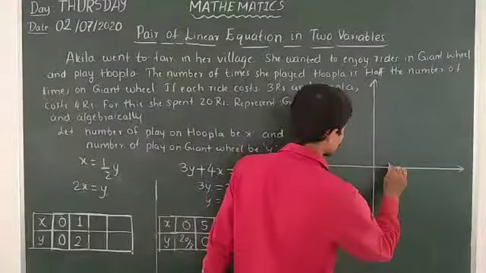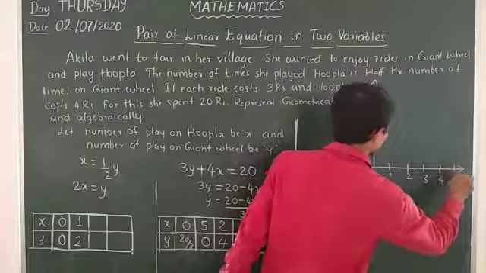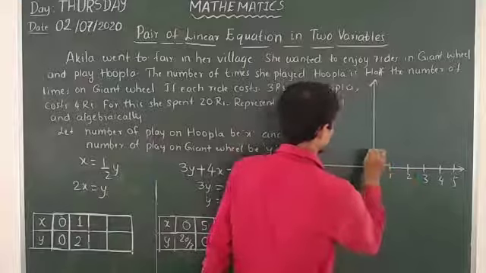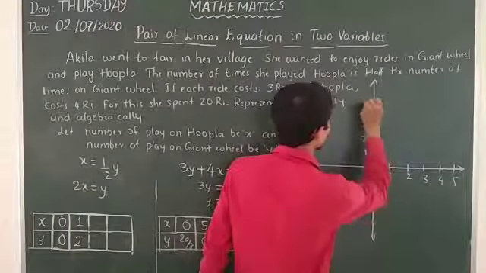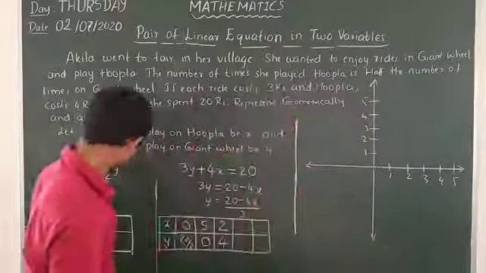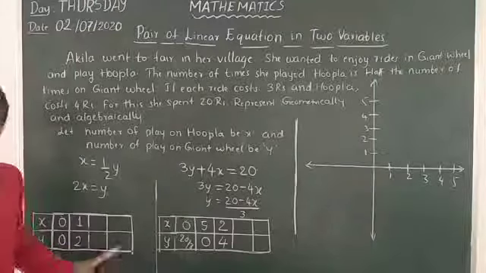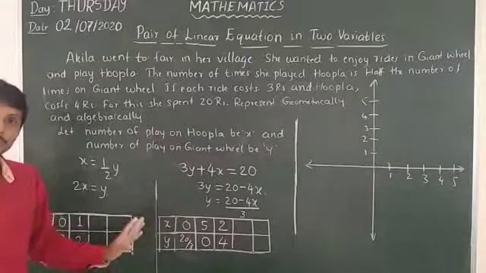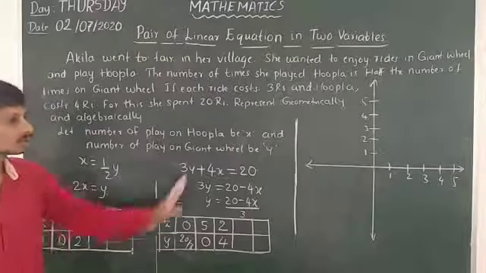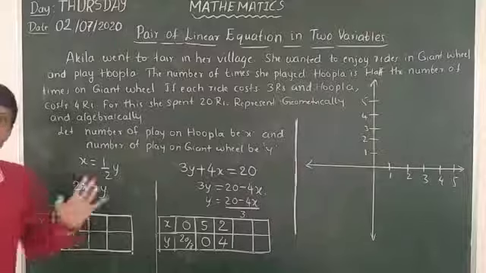So let us take 1, 2, 3, 4 and 5 here. Just observe whether there are any minus signs. No. That means the coordinate system has only positive numbers. So it is enough. Let us represent the coordinates in the coordinate system.